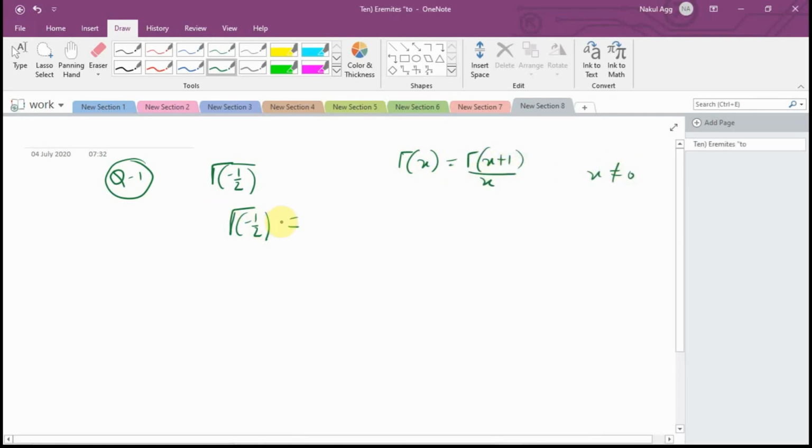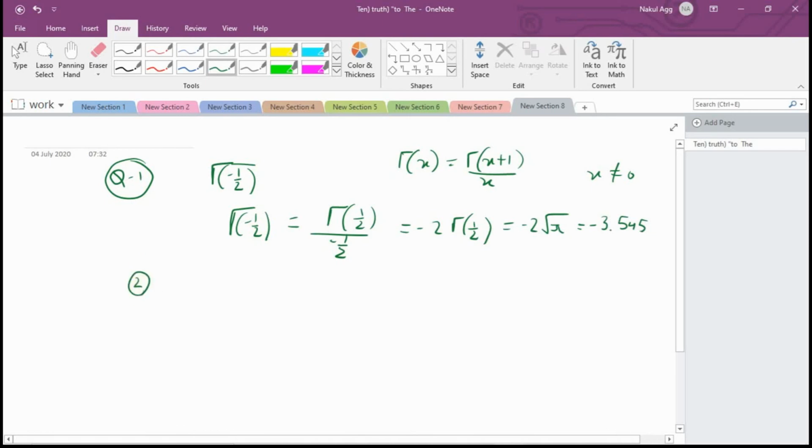So gamma of minus half is equal to gamma of half over minus half. This is equal to minus 2 gamma half, so this is equal to minus 2 root pi, which evaluates to minus 3.545.